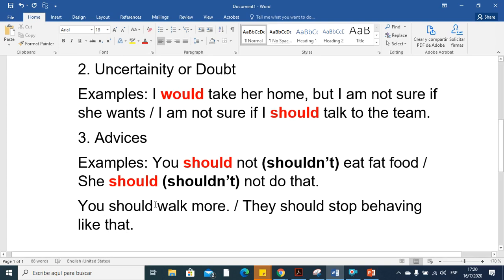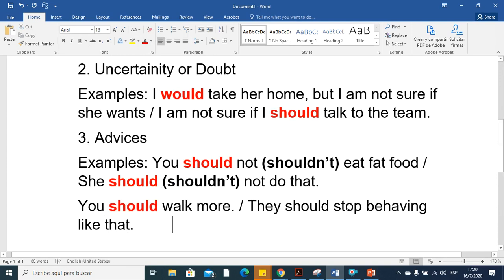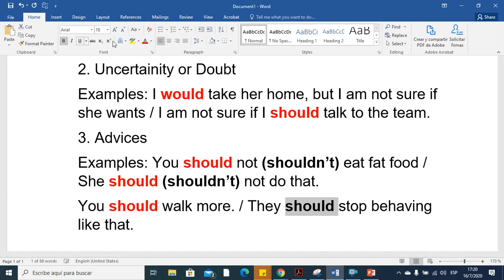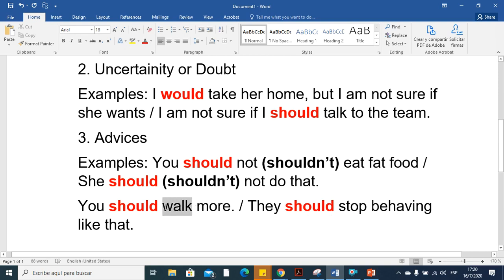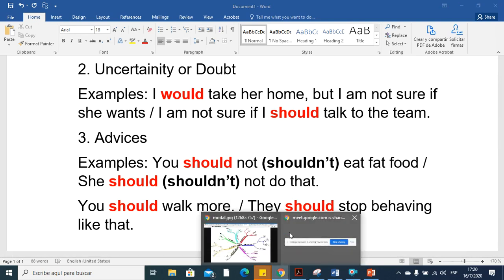Deberían dejar de comportarse así. You should, same thing, except that now it's in the affirmative form. If you notice, guys, all of the verbs that go after a modal are in the infinitive form, which means again the simple present form.